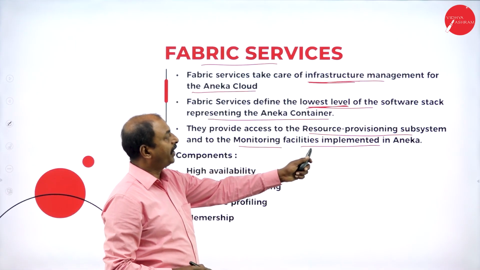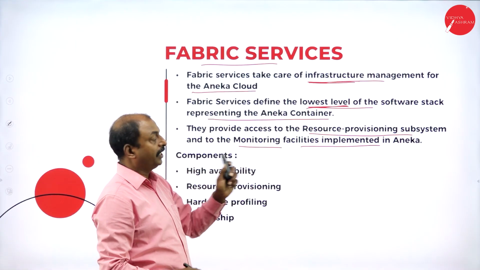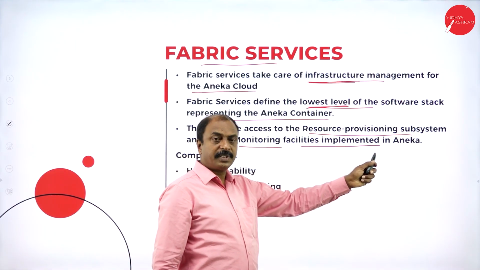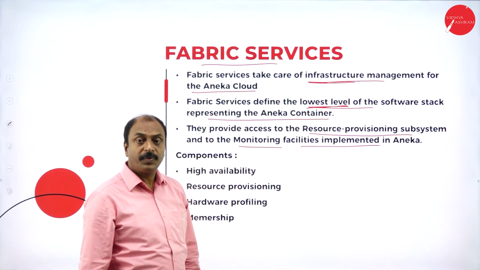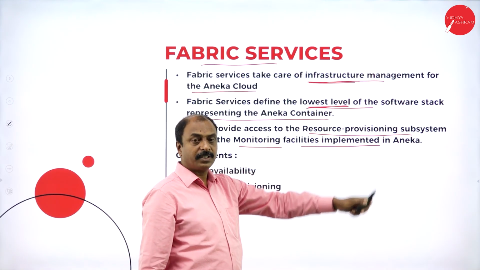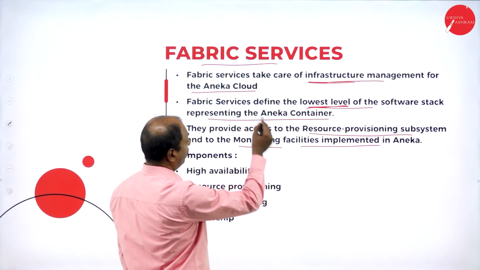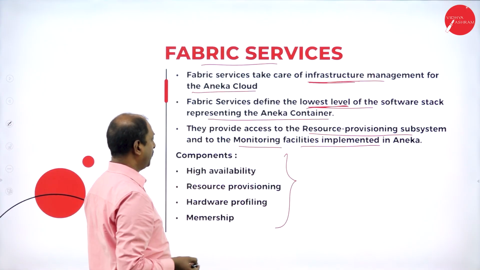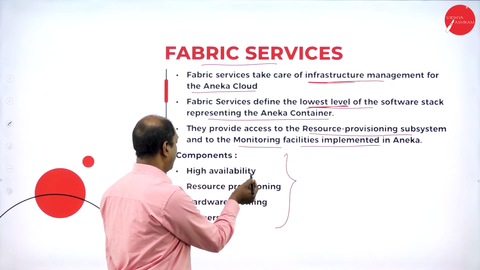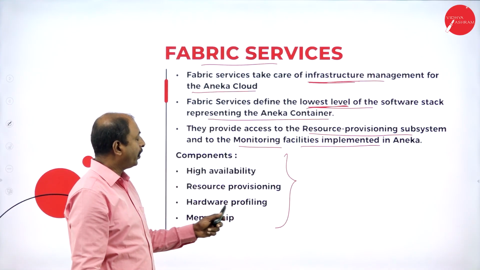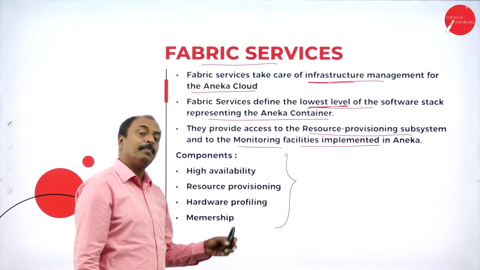So it is going to provide resource provisioning facility. So through this fabric services, the resources at the infrastructure can be utilized or connected through PAL. Now under fabric services, we have different components: high availability, resource provisioning, hardware profiling, and membership.